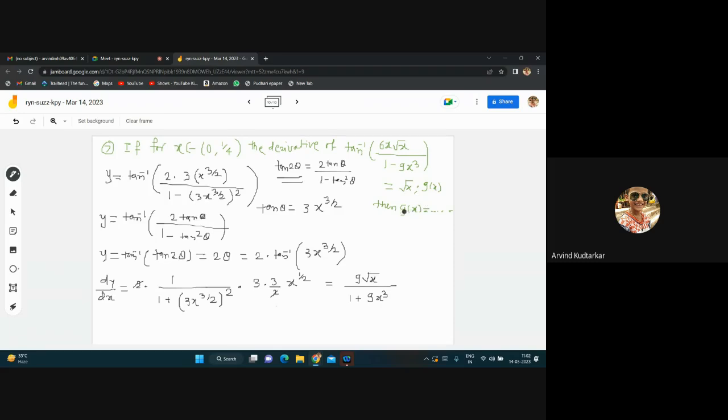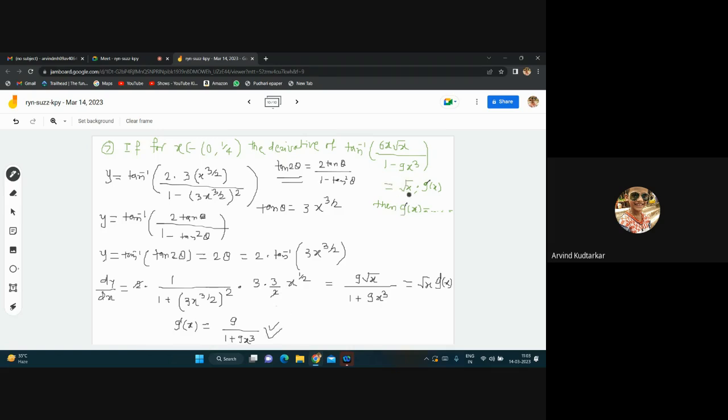It is 9 upon 1 plus 9x cube. So 9 upon 1 plus 9x cube is the value of g of x, and this will be the correct option.